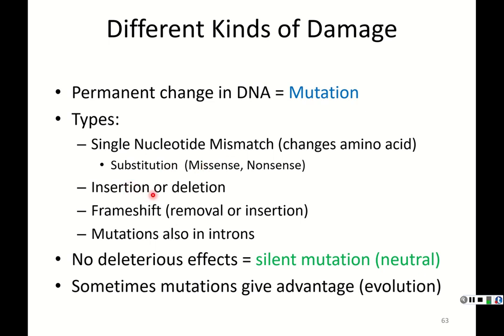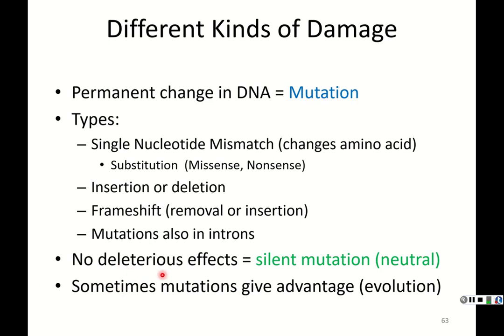You can have an insertion or deletion of an entire gene or a piece of a gene. You can have a frame shift, which removes or inserts a small amount of a gene somewhere. And then you can have mutations also in the intronic regions. Those can affect the splicing of the gene, so how the exons are cut and put together. So those can be quite damaging.